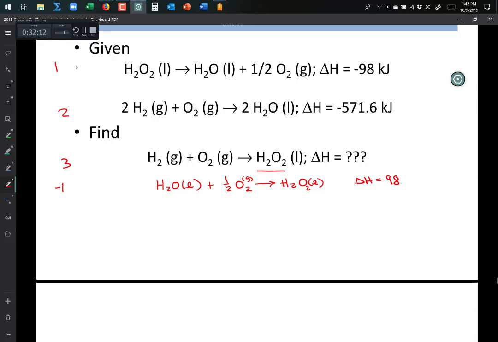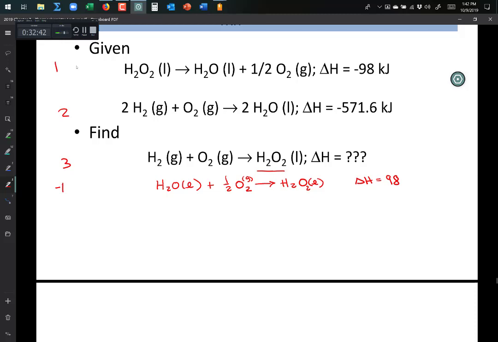What would happen? I'd have too much stuff, right? How many H2s do I need? I need 1, right? But there's 2 in that equation.